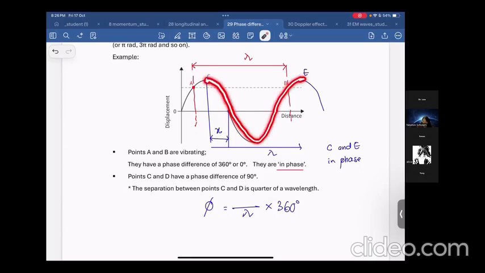So this one to here is 90 degrees, another 90, another 90, and another 90. So 90, 180, 270, and 360.